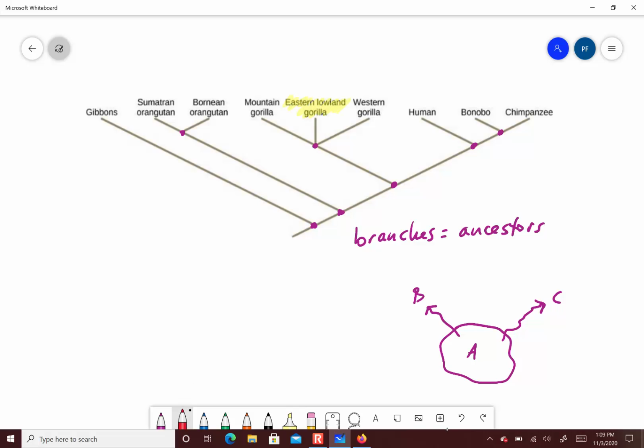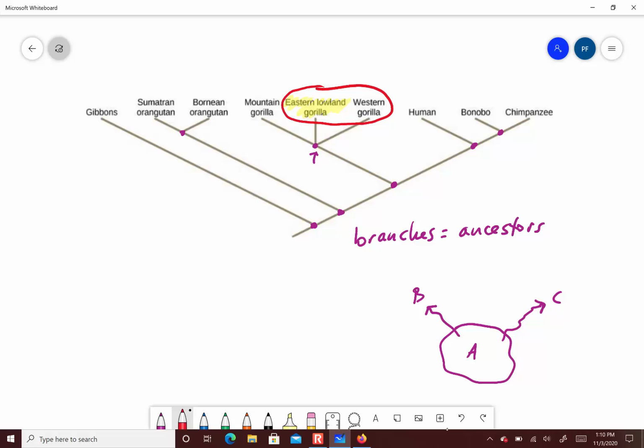Well, we can figure that out now because here's our branch point that shows common ancestry. And from that branch point, we get two things, the eastern lowland gorilla and the western gorilla. So we would answer that, what's the closest living relative, as the western gorilla.